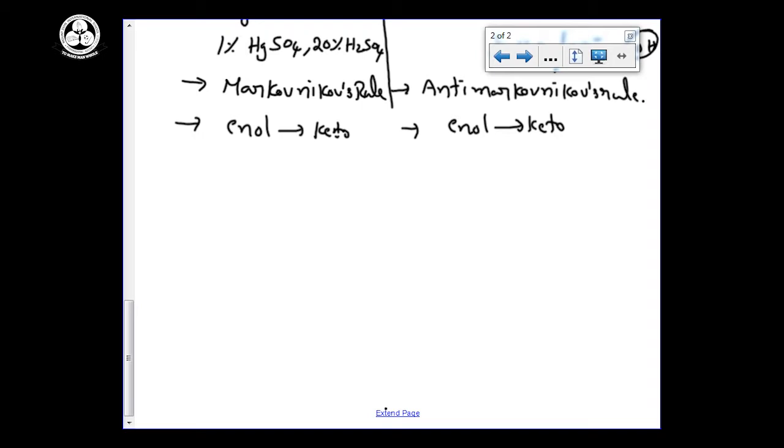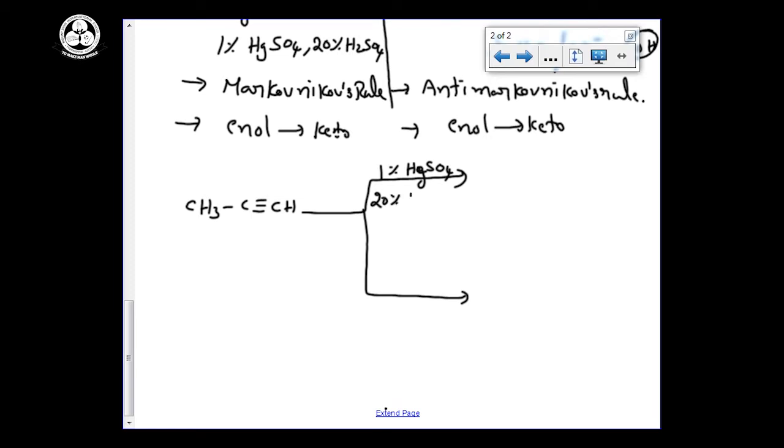That example is CH3 C triple bond CH. First, I am giving 1% of HgSO4 and 20% of sulfuric acid.